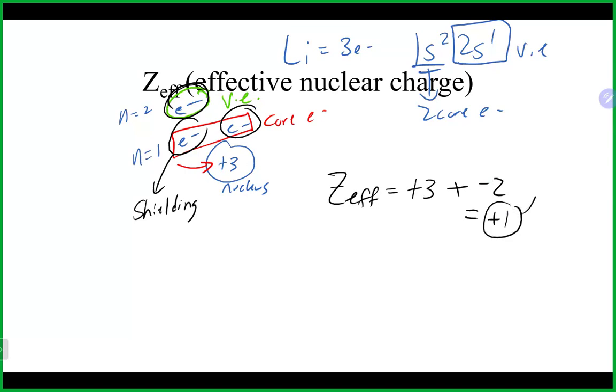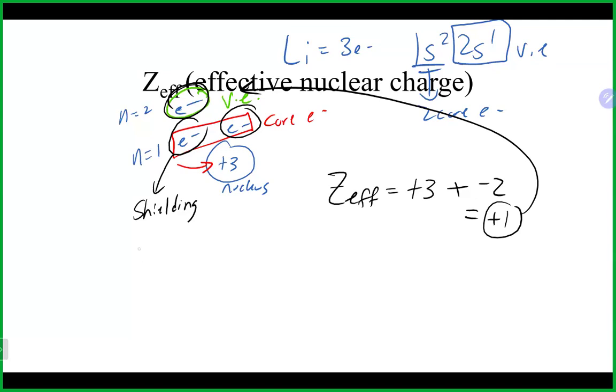So that outer electron is actually only feeling a +1 attraction to the nucleus versus a +3 attraction. Because of that, it's not going to be held as tightly, and that is why that valence electron is involved in bonding. And that's why the core electrons are not involved in bonding, because they're stuck to the nucleus in a sense from that positive charge and attraction. Any questions on that there?